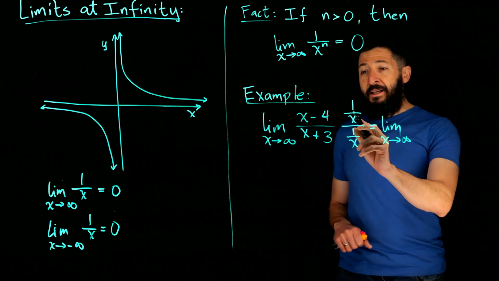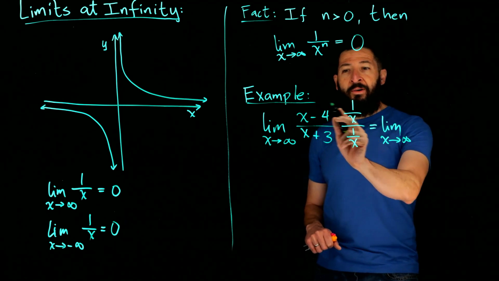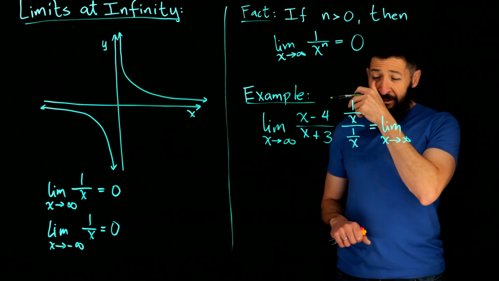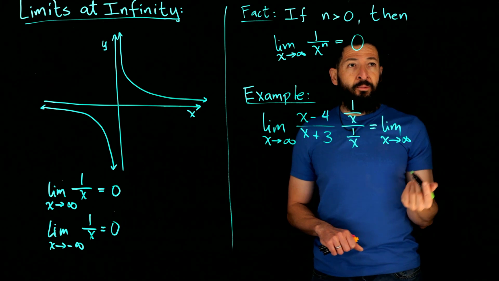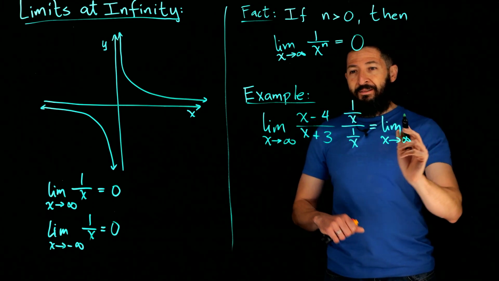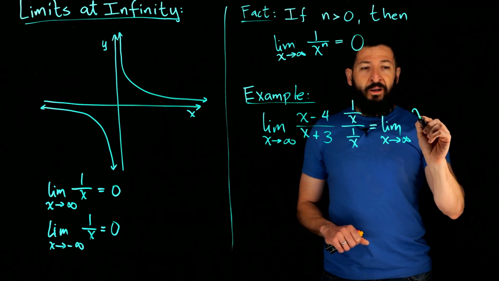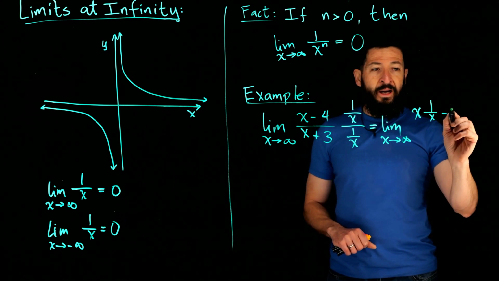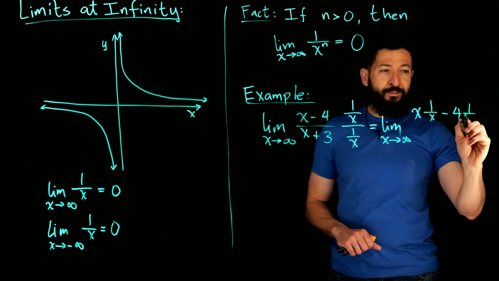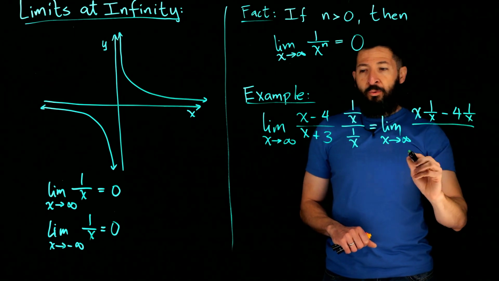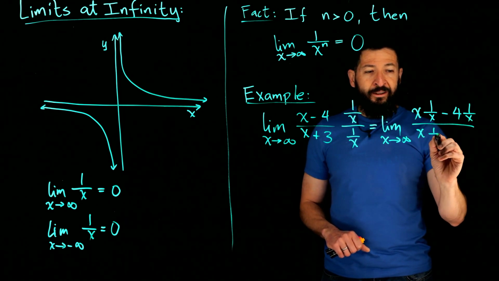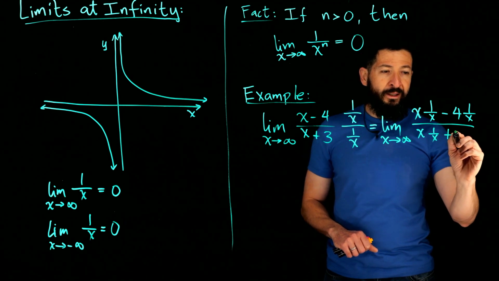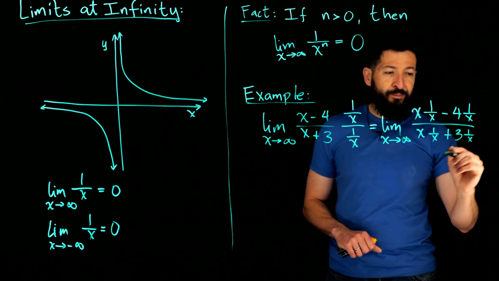What we get is that you multiply 1 over x times x. And I'm going to do it in extreme detail this time around. Then after, we're not going to do it. We're just going to distribute in our heads. But right now, we're going to have x times 1 over x minus 4 times 1 over x all over x times 1 over x plus 3 times 1 over x.